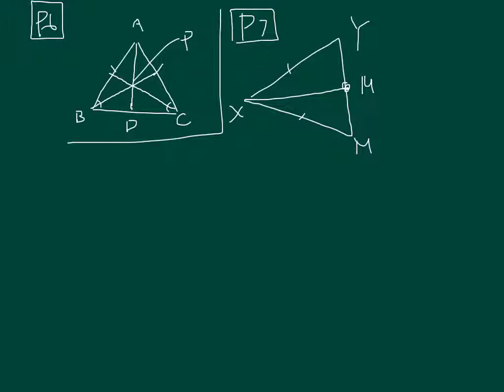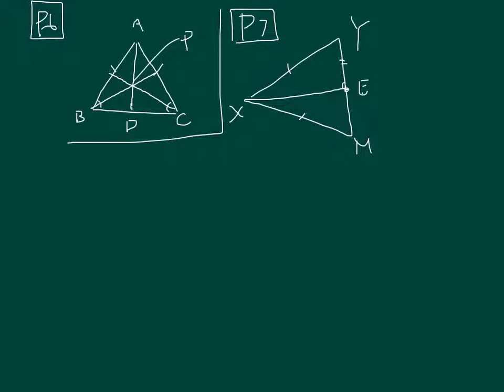Study the list, then write the proof in either two-column, paragraph, or outline style. So we have a four-item bulleted list. Segment XE is a median, so E is the midpoint of segment MY, then ME is congruent to EY.